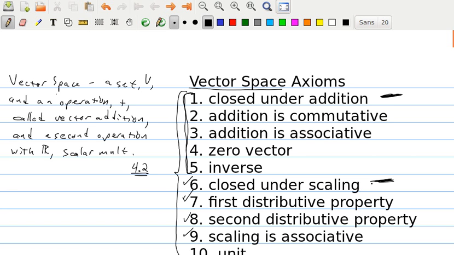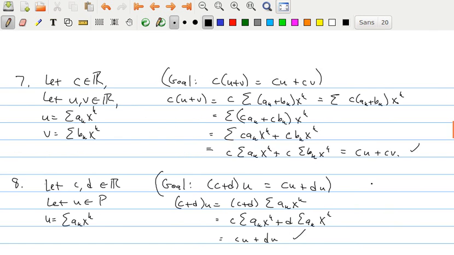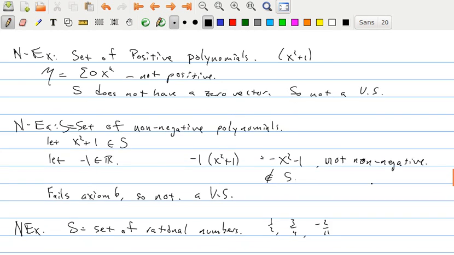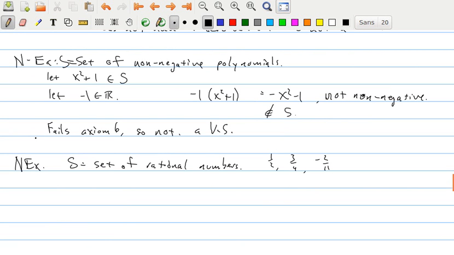So if I look at closed under scaling, that seemed to do well last time. Let's take an arbitrary rational number. Not arbitrary. Let's pick 2/3. That's a rational number that is in our set S. And I can take a number like pi.